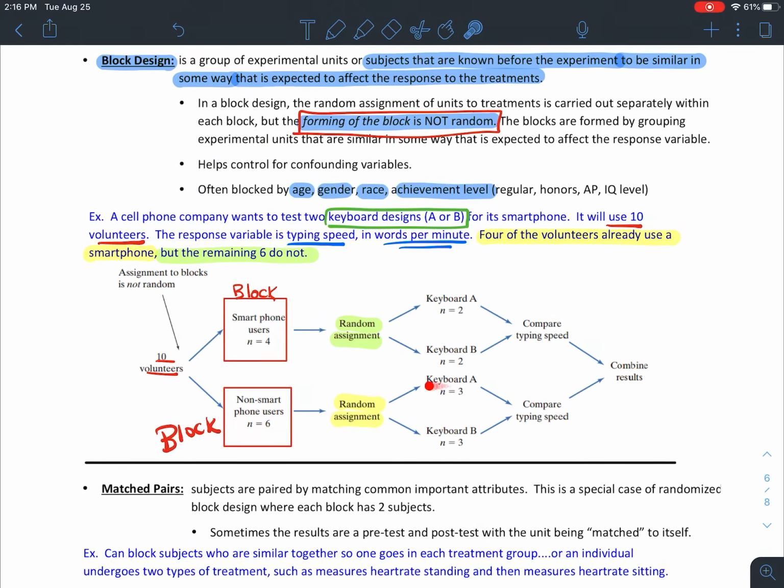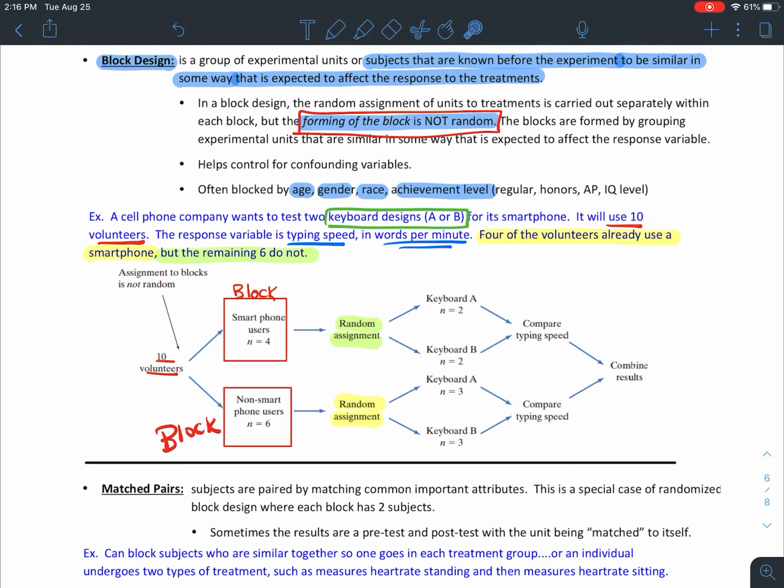And then down here for the non-smartphone users, I'm going to also randomly assign so that 3 of those 6 are using keyboard A and 3 are using keyboard B. So it allows me to compare the non-smartphone users to each other at both keyboards. And then in the end, I can compare each of those results and combine everything together.